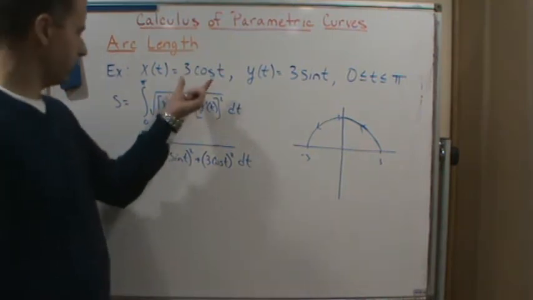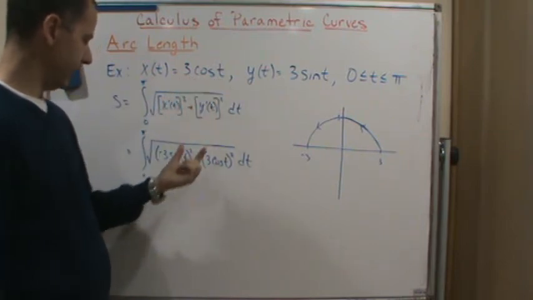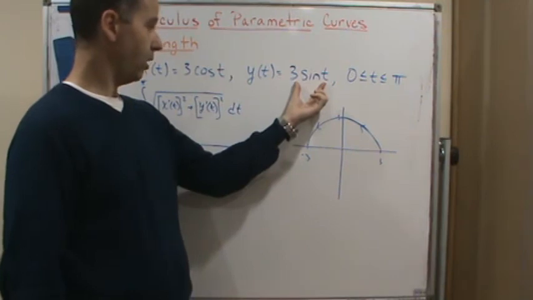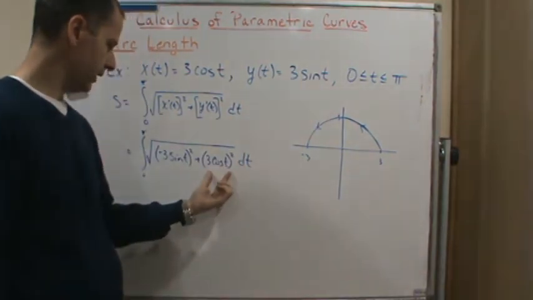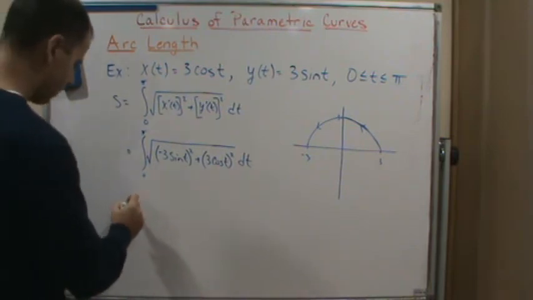So again, I took the derivative of this, which is negative 3 sine t, and I stuck it in here. I took the derivative of this, which is 3 cosine t, and stuck it in here. And so now let's simplify this.